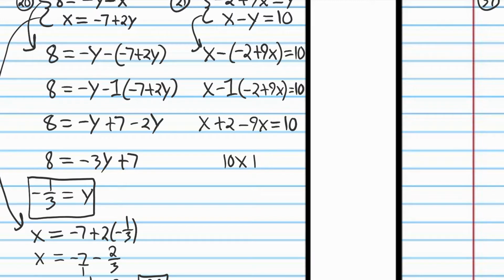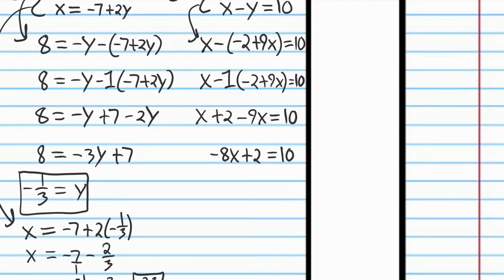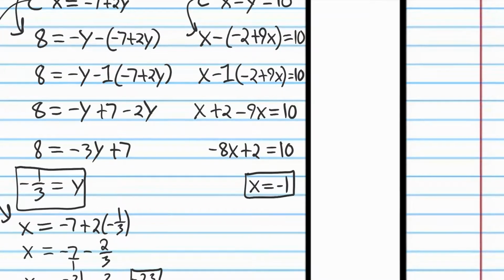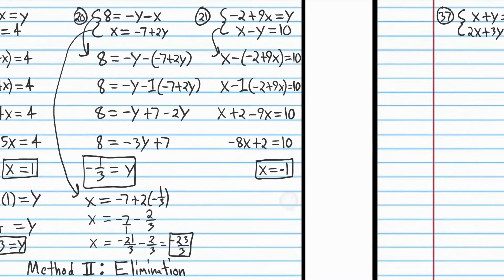That's x minus 9x, which is -8x. Subtract 2 from both sides, divide both sides by -8, and you get x is equal to -1. Then use the other equation as usual.